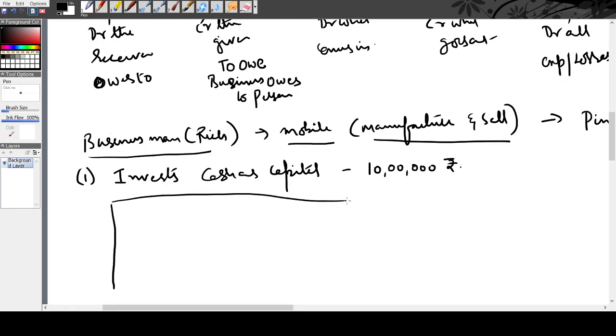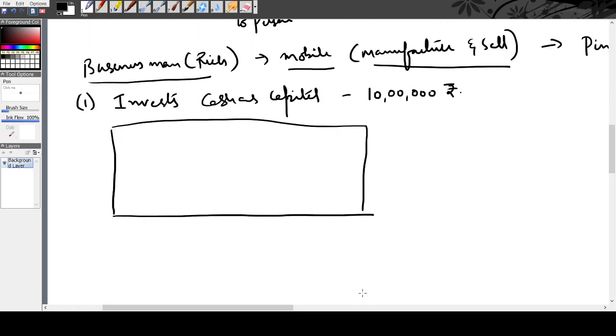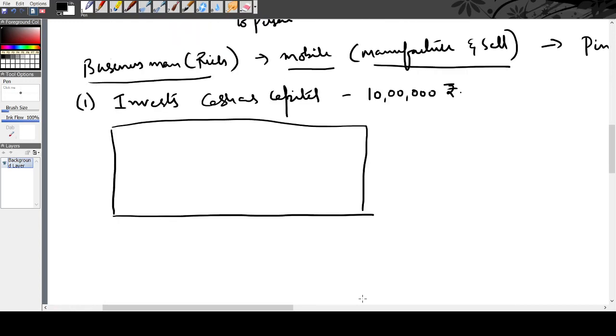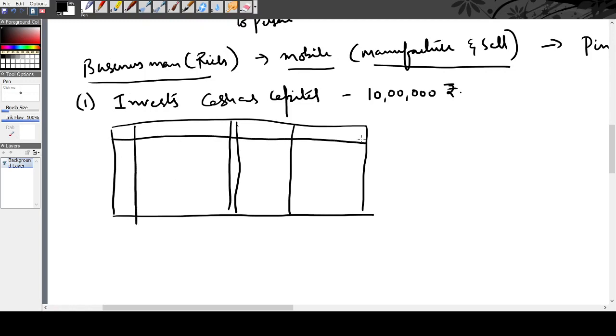How does the book look like? For the sake of ease of explanation, I'm using this format. The book looks a little different, not very different. For the sake of understanding, I'll use a simpler format. Now this is how a page in the journal looks like.